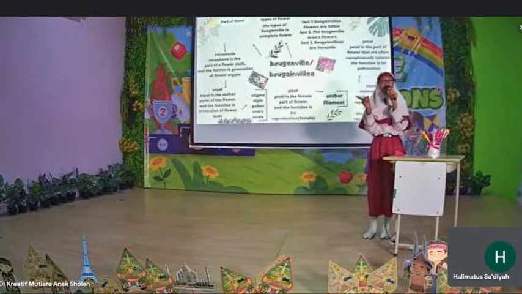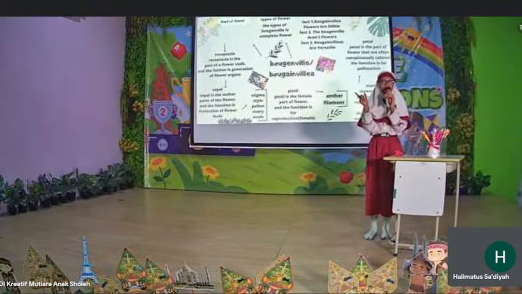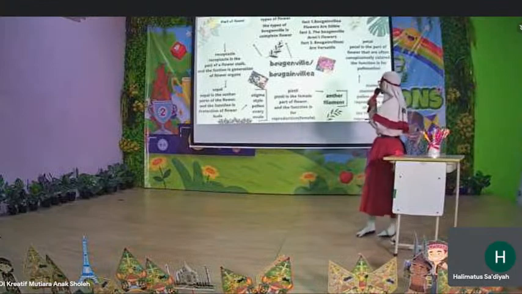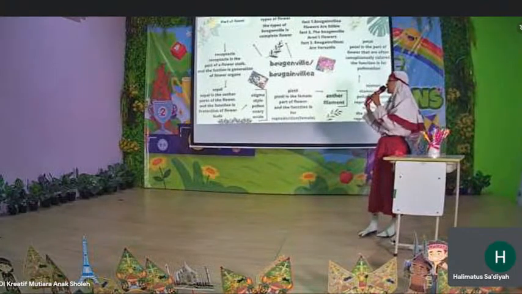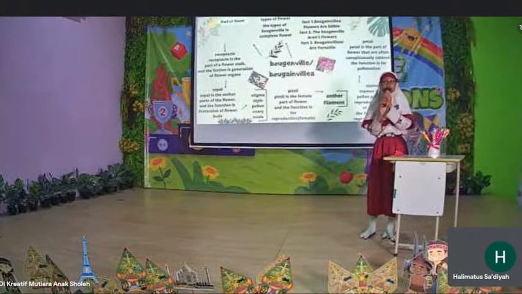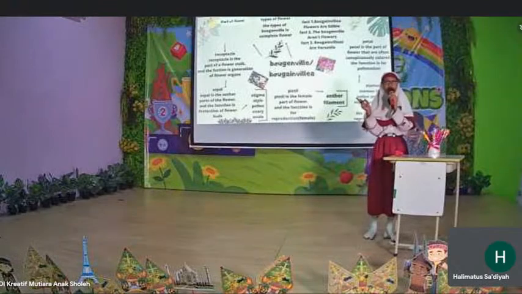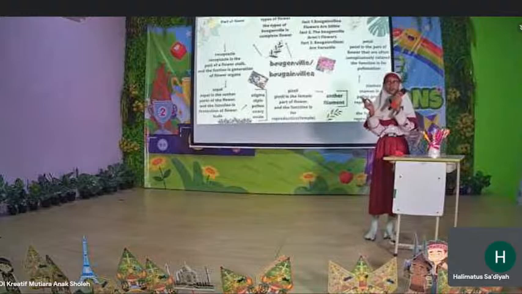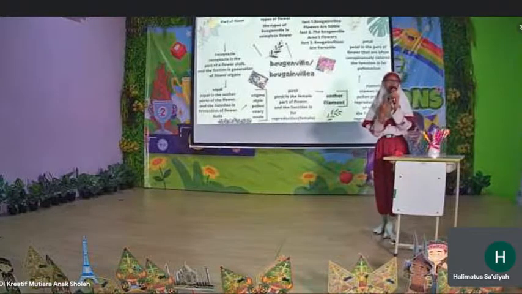Stem is the trunk of plant, and the second is receptacle. Receptacle is the stalk of plant, and the function is for generation of flower organs.